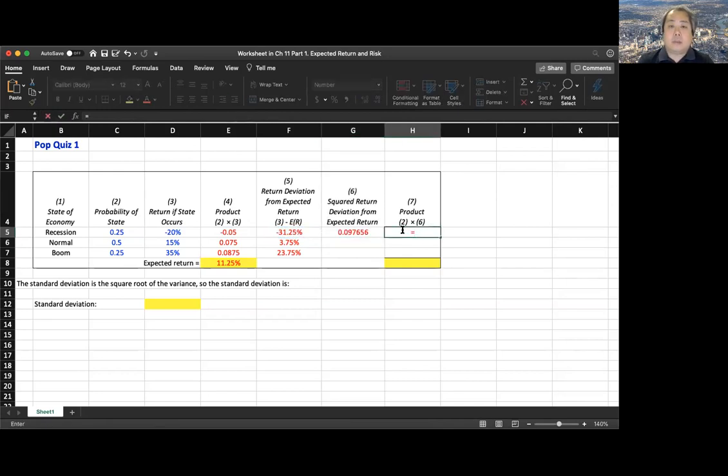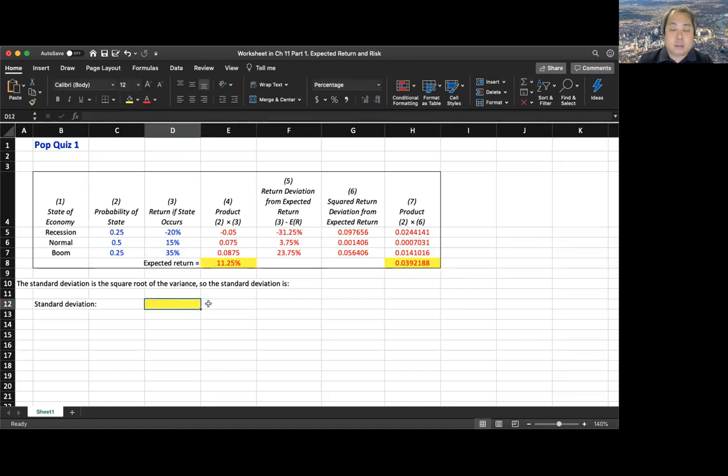Times probability. And add them up. We find variance. Take square root. Standard deviation is 19.8%.